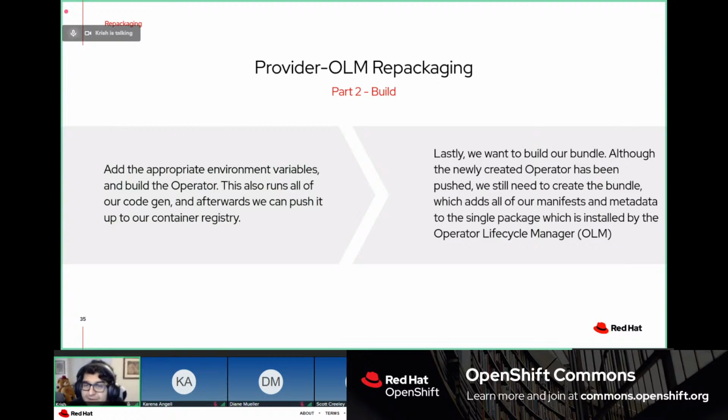The last step of the build process is actually creating our bundle, right? Although we've created our operator and that's been pushed up, we still have to create the bundle. This bundle contains all of our manifests and metadata, and this is put into a single package that's installed by the Operator Lifecycle Manager, or OLM.